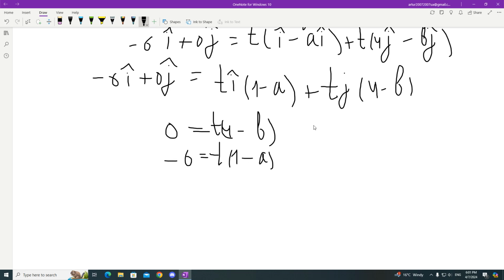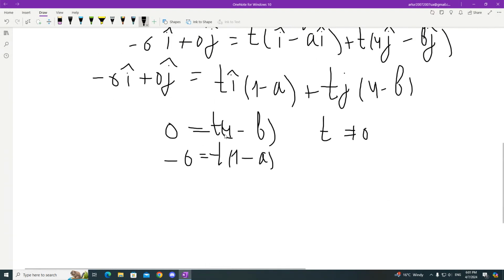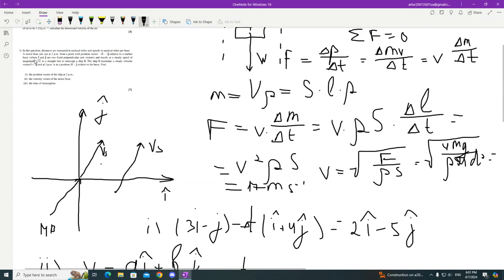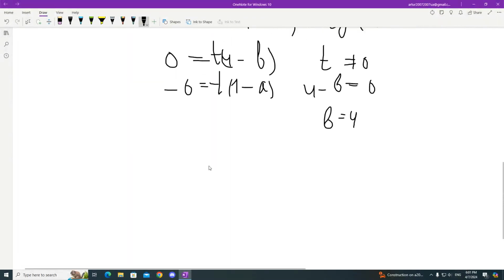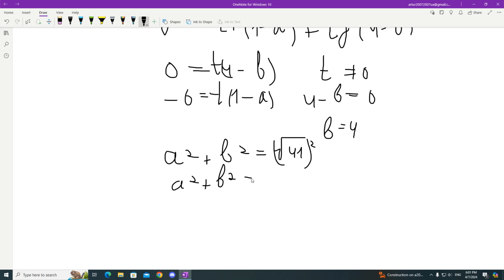It's obvious that in this case t isn't equal to 0, because at 2 p.m. both ships are in different positions. So we have that 4 minus b is equal to 0, so b is equal to 4. So we found b. Now we can use our magnitude, because the magnitude squared, a squared plus b squared, is equal to root 41 squared. So a squared plus b squared is equal to 41, and we know b, so we can find a.